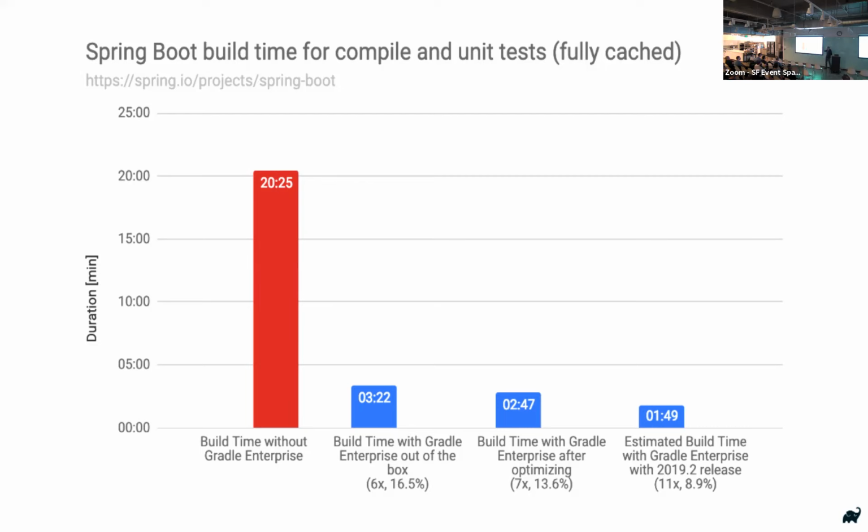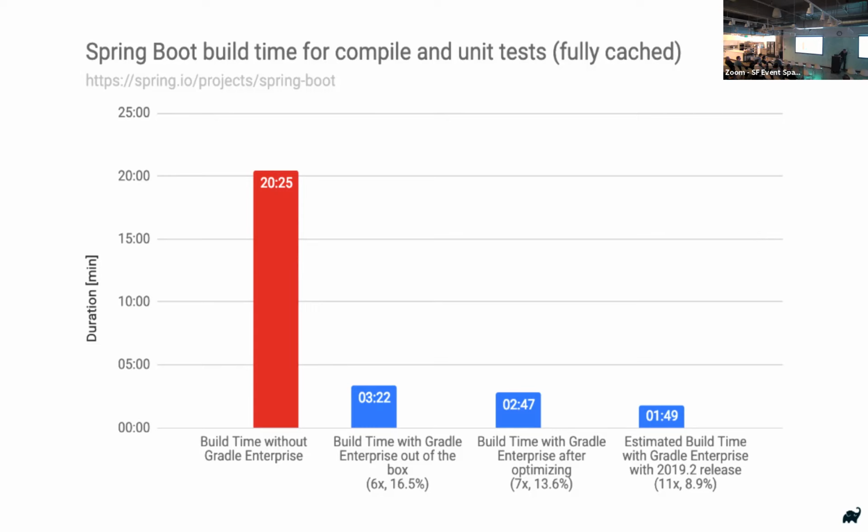And when you just compile and run a unit test, it takes 20 minutes and 25 seconds, right? So by just plugging in Gradle Enterprise, the build time goes down to 3 minutes and 22 seconds, right? Doing some optimizations, they had some issues I will talk about later, typical issues that make the cache ineffective, the build time went down to 2 minutes and 47 seconds, so a 7x improvement.